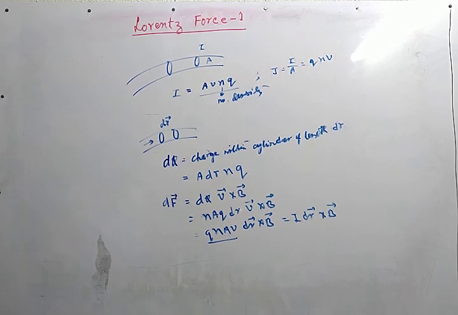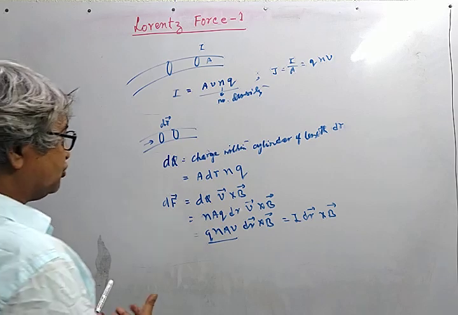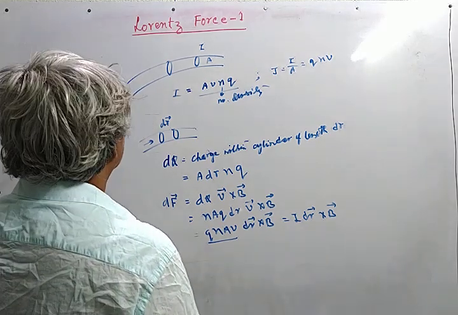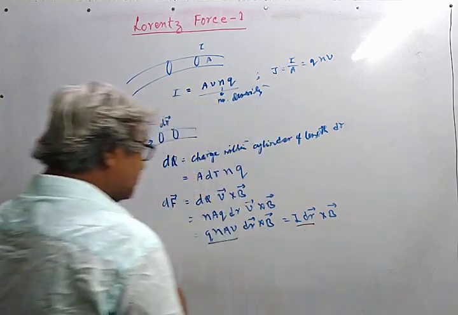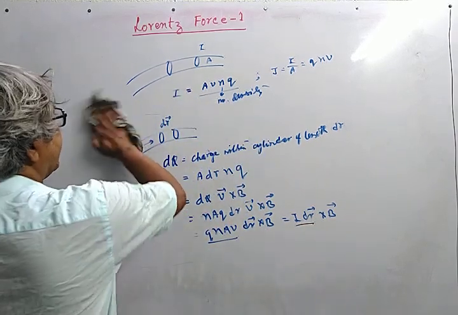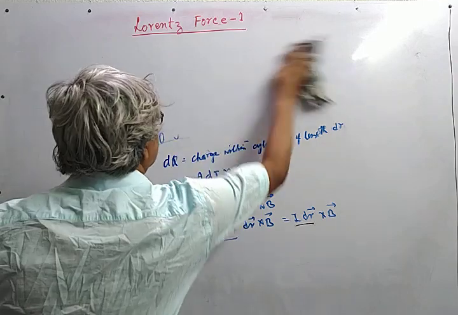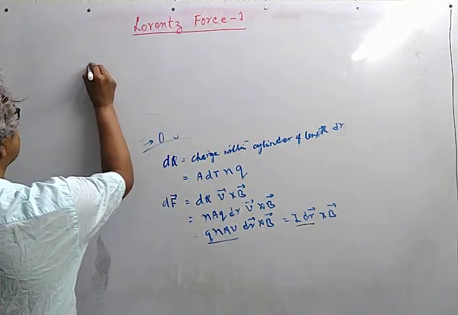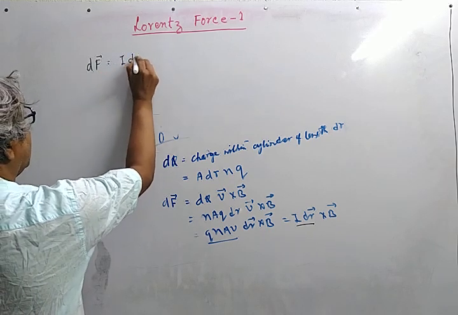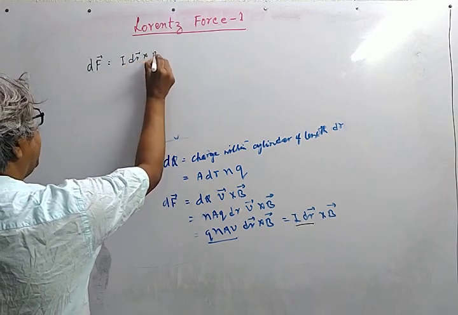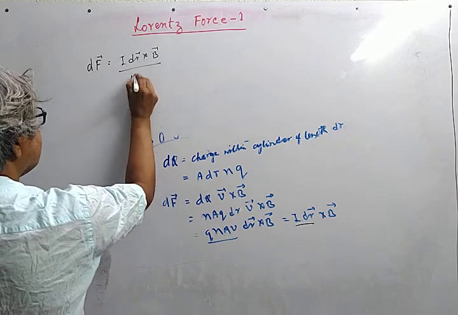If we have a two-dimensional or three-dimensional conductor, then we can just replace this with suitable substitutes and we find the expression for the force. So the expression for force is dF equals I dr cross B in 1D.